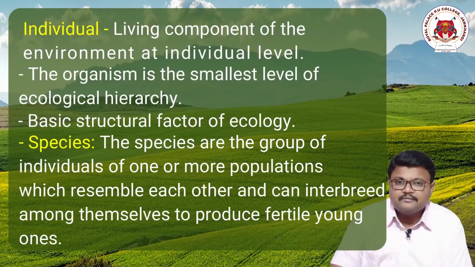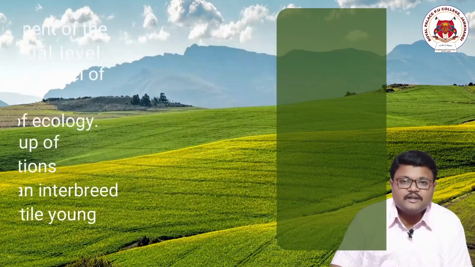Now consider an organism. It is similar in structure, function, characters. Now it finds another organism of the same kind, which also has the same kind of structure, features, and characters. In other words, two similarly looking organisms which can interbreed among themselves to produce fertile young ones are called a species.